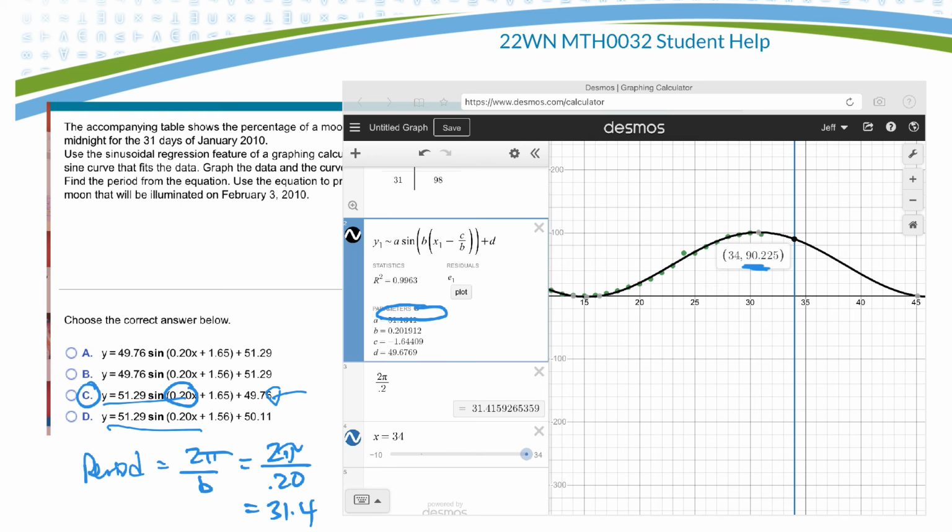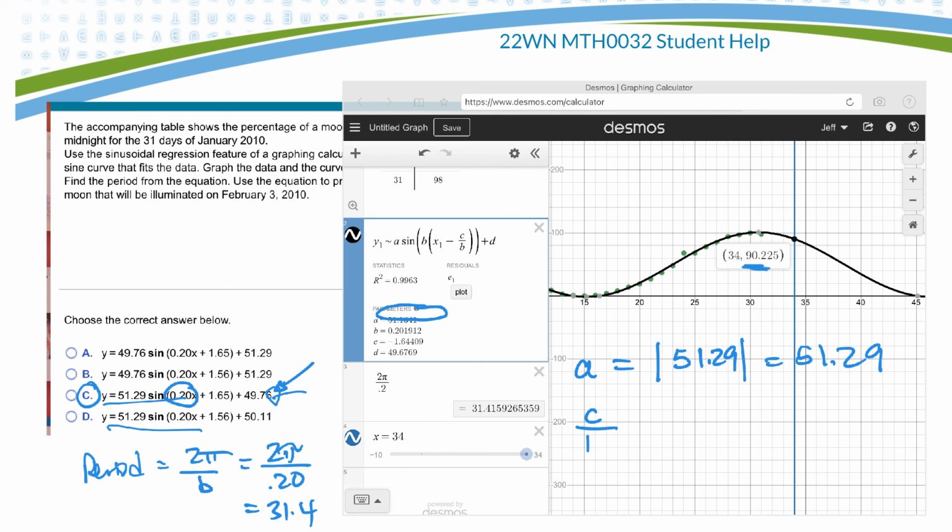Okay, other things that they could have asked is they could have asked the amplitude. And of course, the amplitude is just the absolute value of A. So I was getting 51.29. So absolute value of 51.29 is 51.29. They could have asked for a horizontal translation or a vertical translation. So this would be the vertical translation.